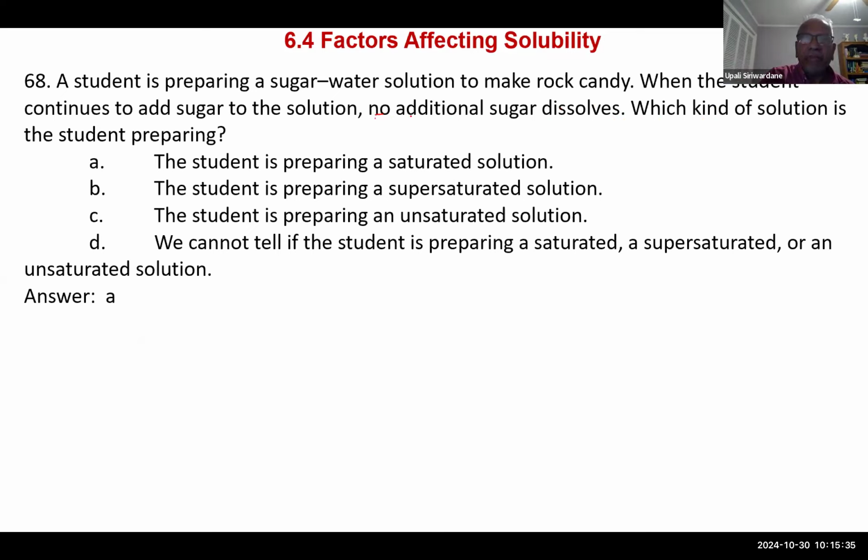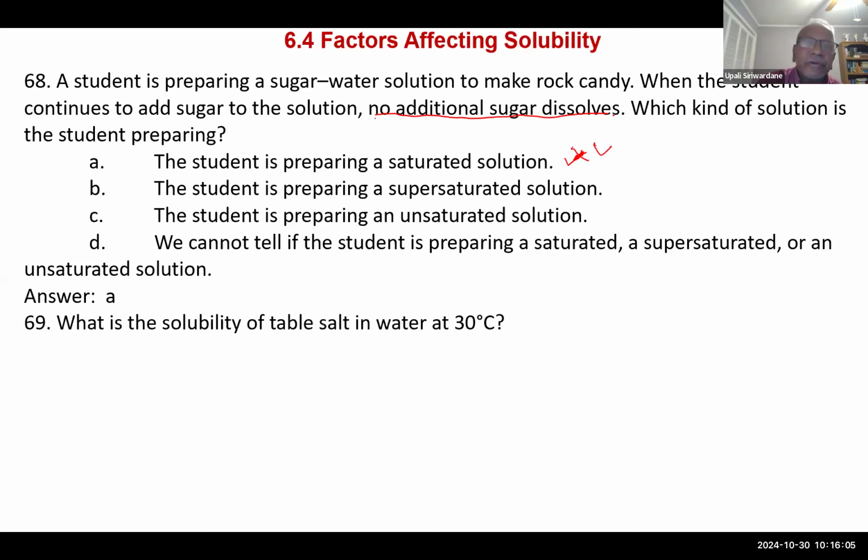No additional means that's saturated. It means some sugar is left over. That's saturated.